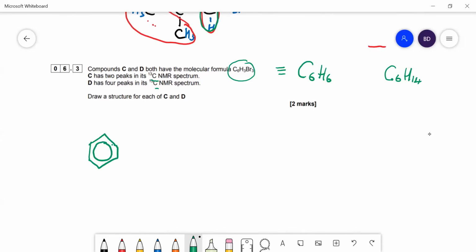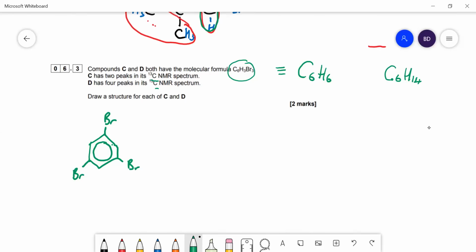Okay, so C and D obviously both contain a benzene ring, and we replace 3 of the hydrogens with bromines. Right, C has got 2 peaks in its spectrum. Okay, so let's try alternate bromines, okay?